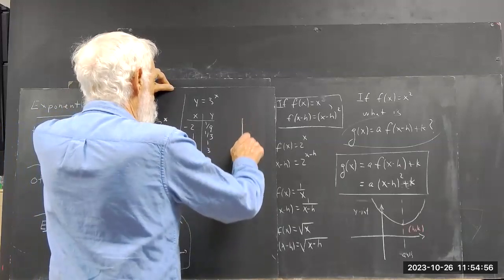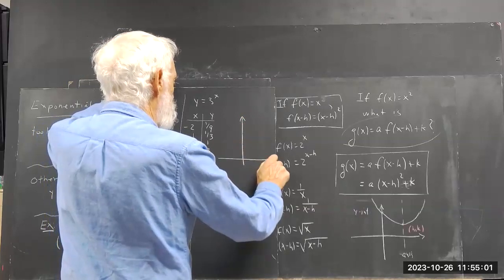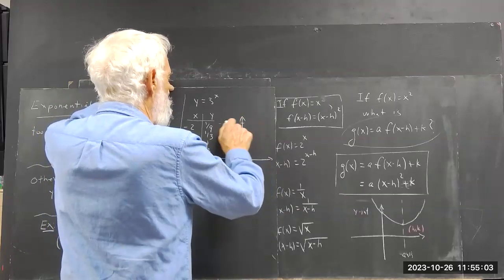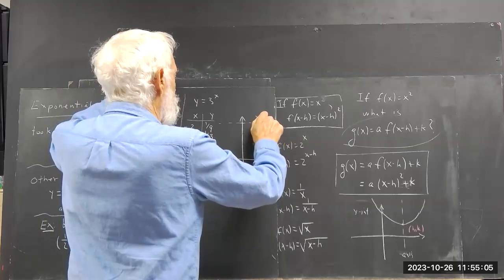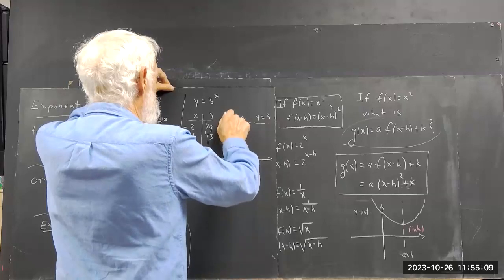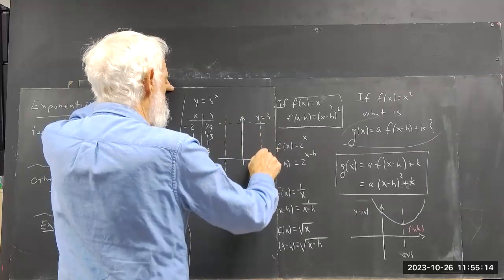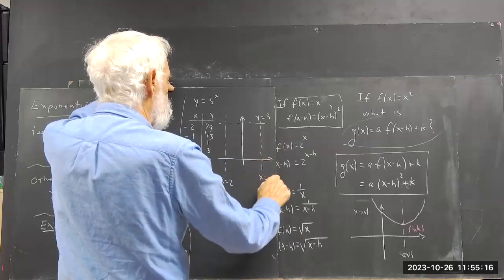If we do a graph, the graph's going to go all the way up to y equals 9. Here's x equals negative 2. Here's x equals 2.